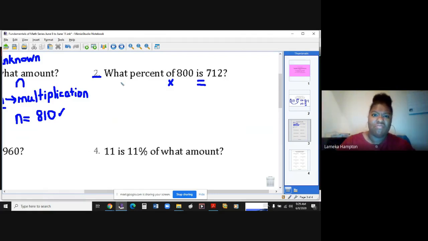That's really not as important as knowing how to solve the problem. Okay. So I'm going to put what percent, because I do not know what the percent is. This is my unknown again. So anytime you see the word what percent or what amount or what is, that is your unknown. That is what you're trying to find out. Okay. So again, I will write unknown at the top here.